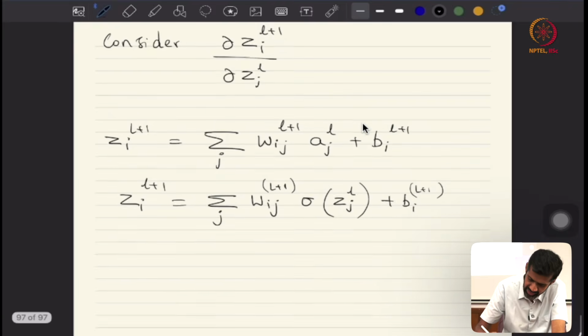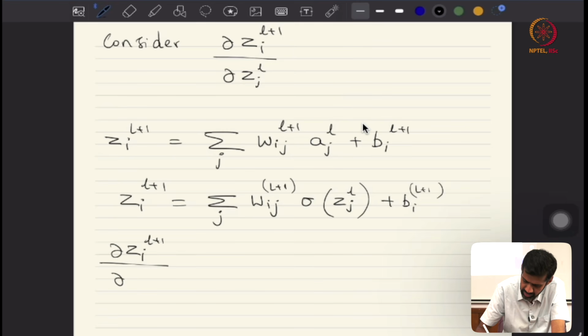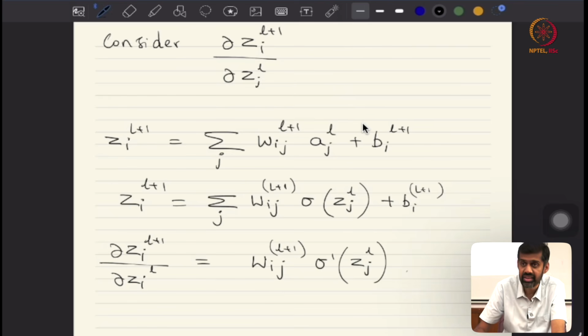Okay. Now if I take the derivative of this with respect to Z_j at L, what will I get? W_ij at L plus 1 times the derivative of this, sigma dash, evaluated at Z_j^L. Is this alright? Why is this the case?